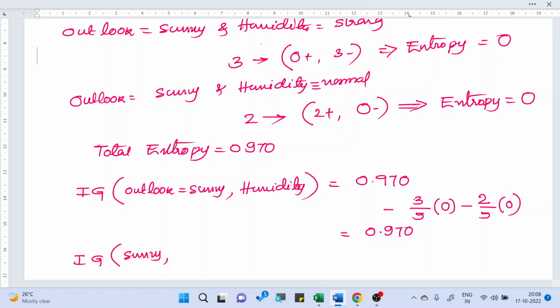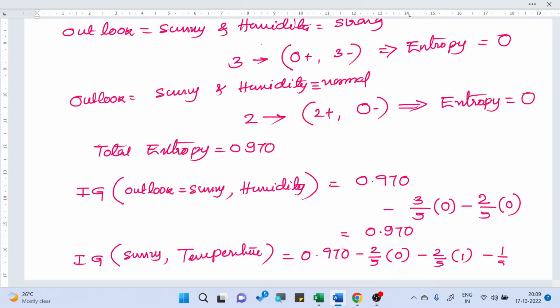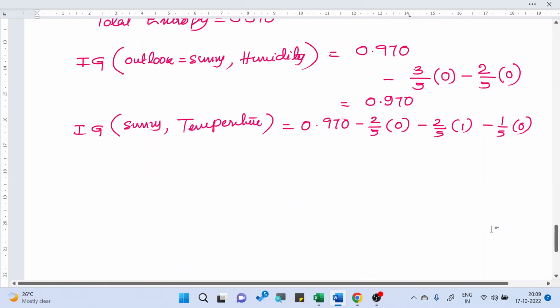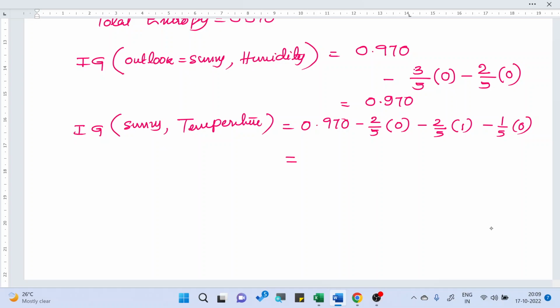Similarly, you can calculate information gain for outlook is equal to sunny and temperature. There, 3 values are there: cold, hot and mild. And here the information gain is 0.570.